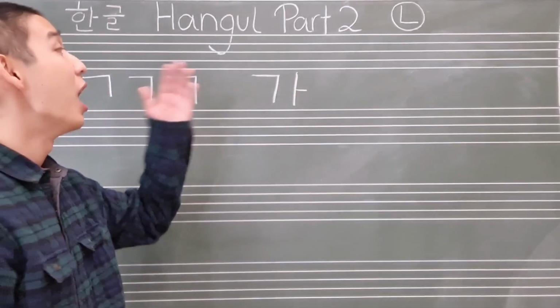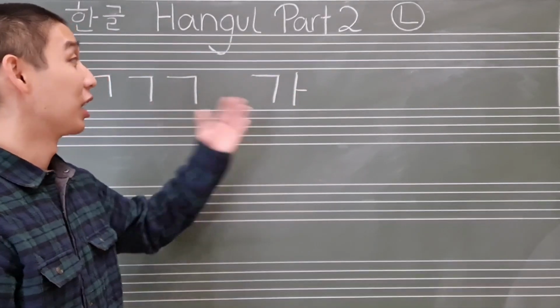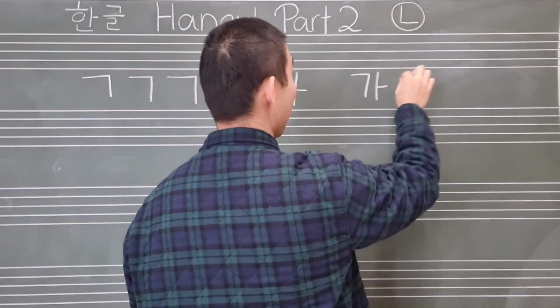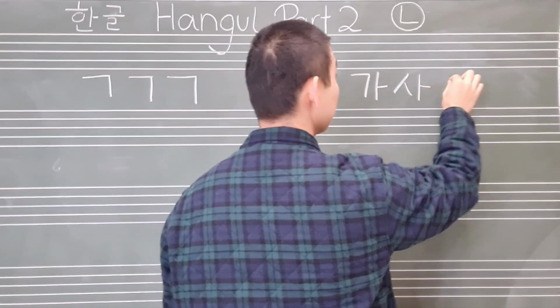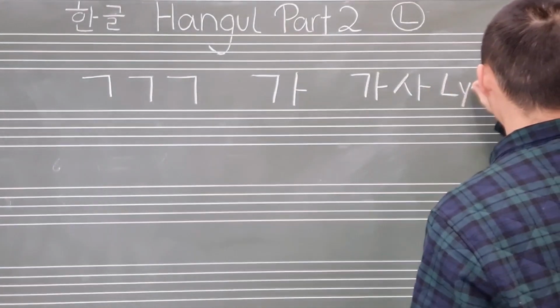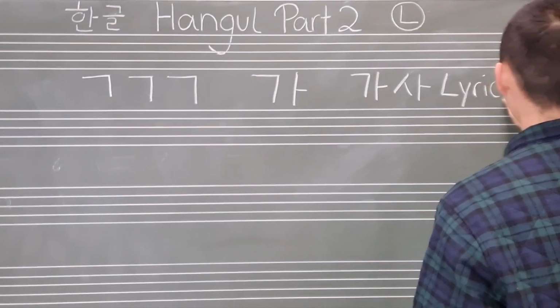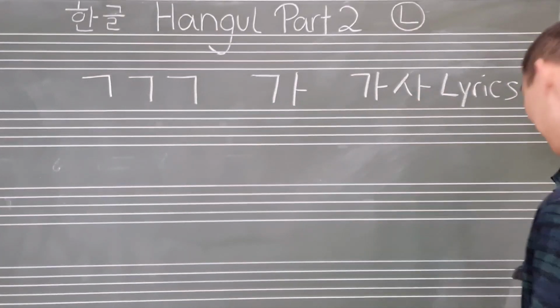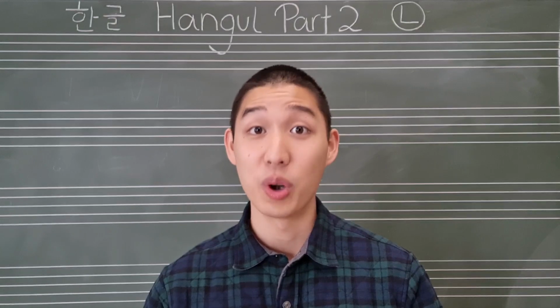And now we have ka. Example: ka, sa. Okay, that's it for revision.